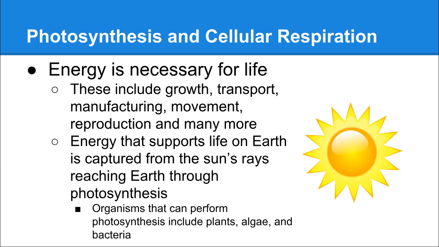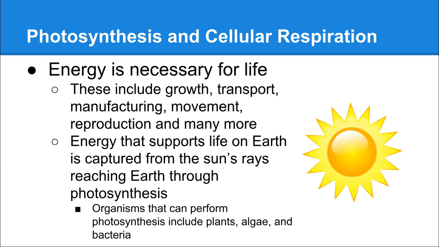Energy that supports life on Earth is captured from the sun's rays reaching Earth through photosynthesis. You can't just absorb the energy from the sun. You have to use the energy of the sun through plants, because they change that energy into a usable form.